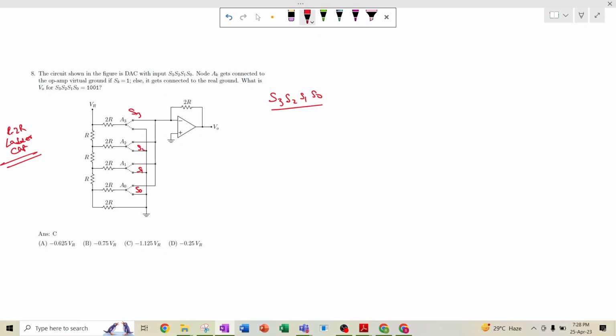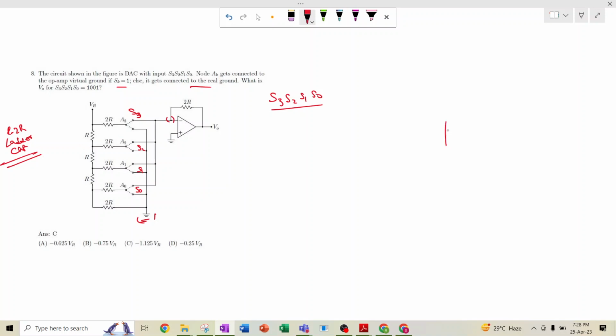If S3 is 1, it is connected to this virtual ground. Otherwise it gets connected to the real ground. Real ground means this, and virtual ground means this.